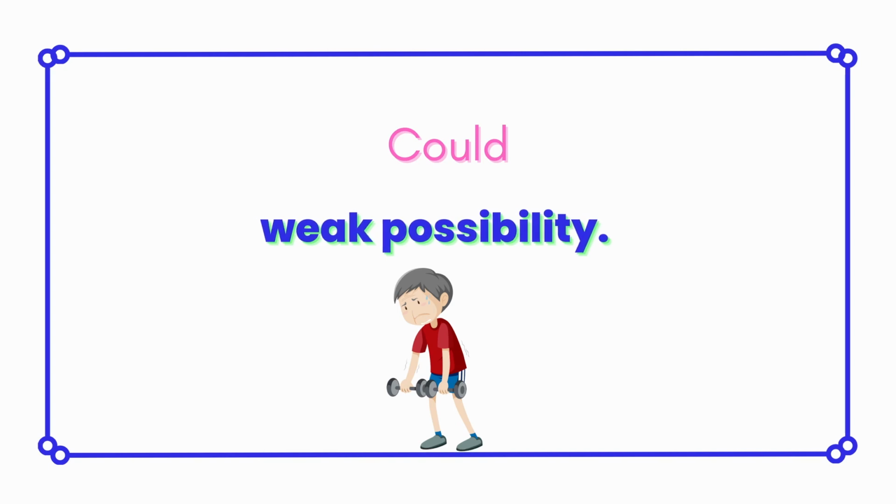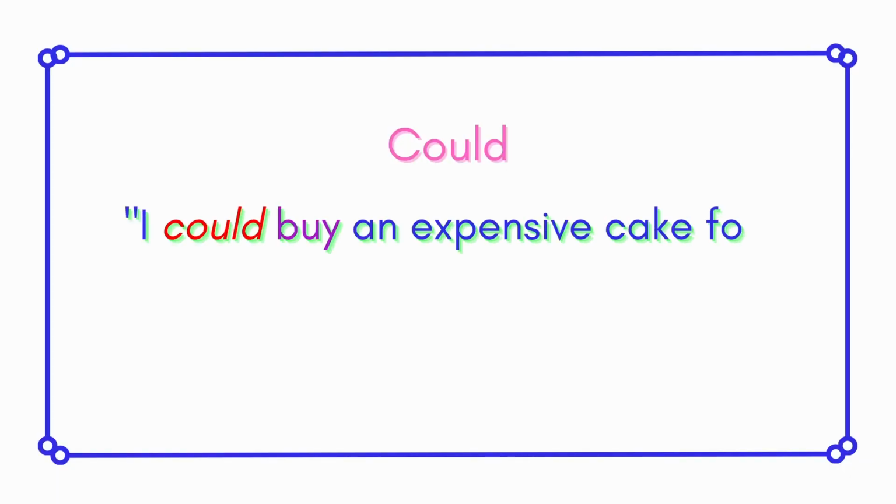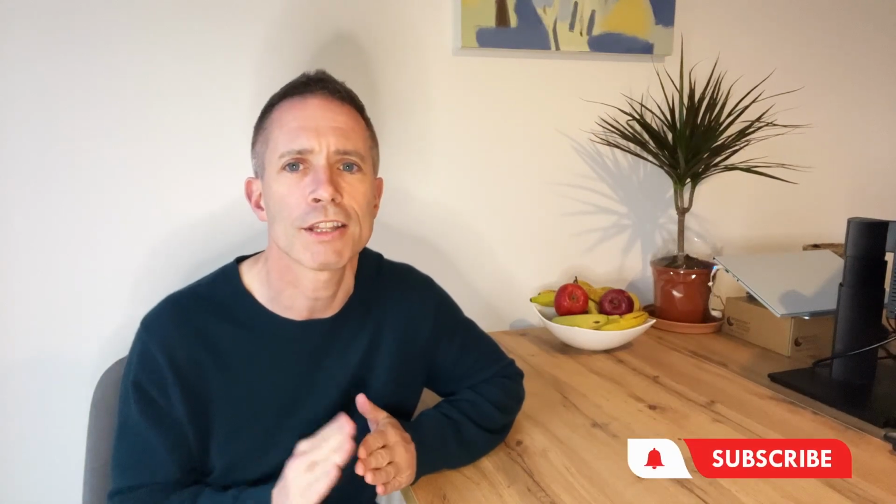Could is used to refer to something that has a weak possibility. I could buy an expensive cake for her birthday, maybe, if I have enough money. I could and maybe shows us that it is a weak or slight possibility that that person can do that.